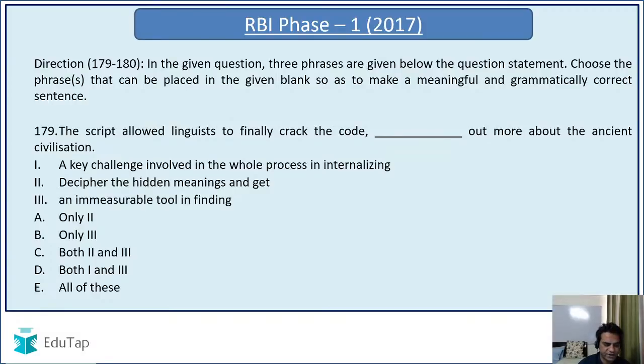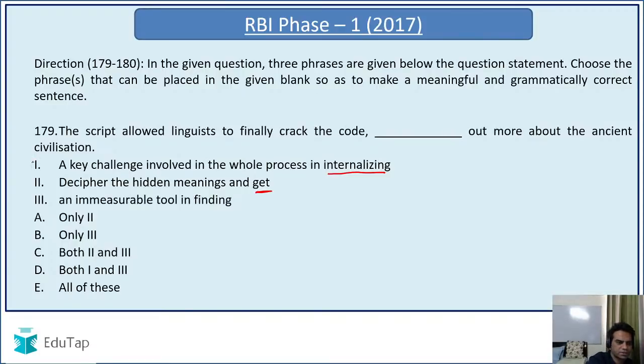Guys, why not A and why not B? Now, internalizing basically means to include something. So internalizing out, that's not correct. If we use internalizing and then we use out, that's not grammatically correct, guys. Decipher the hidden meanings and get out. Now get out more, that's not the correct phrasal verb again. Get more out of something would have been correct. Get out more means to go out more.